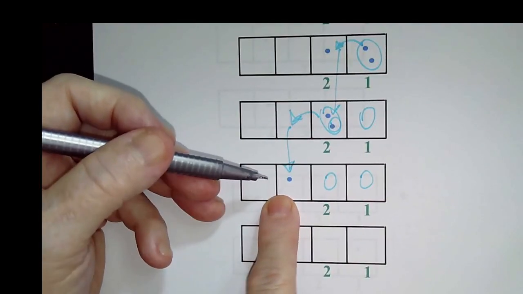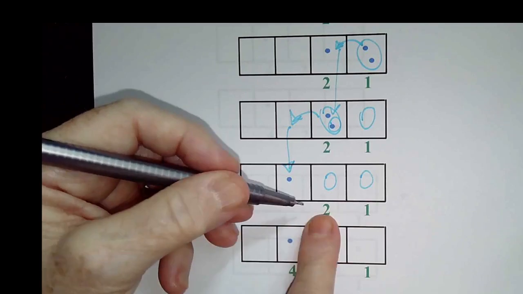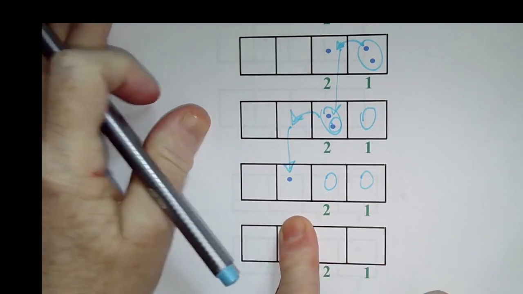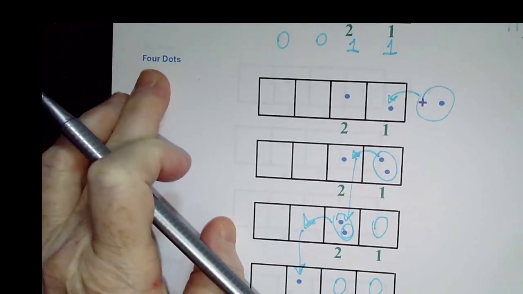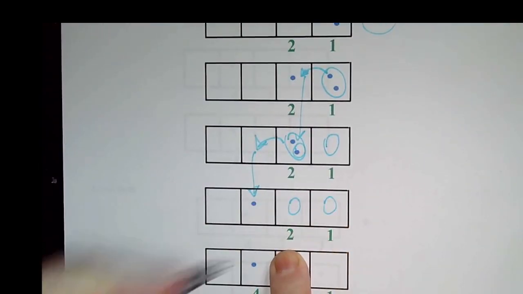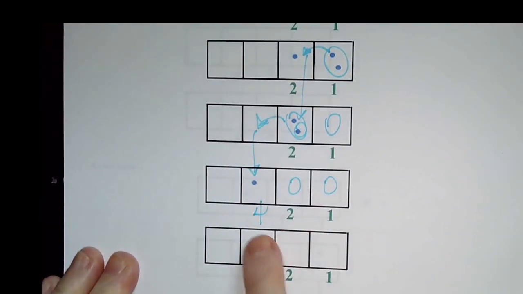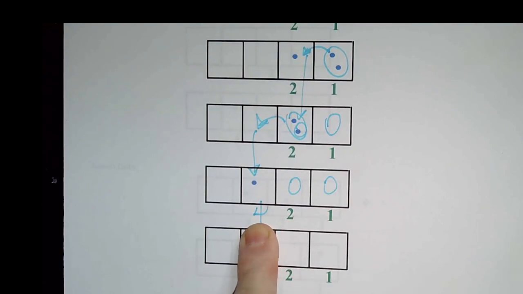We've got 1 dot in the place to the left, which we have not yet labeled. But this time we started with 4 dots and we've got zeros in the ones and twos places, so it makes sense to label this next box the fours box.